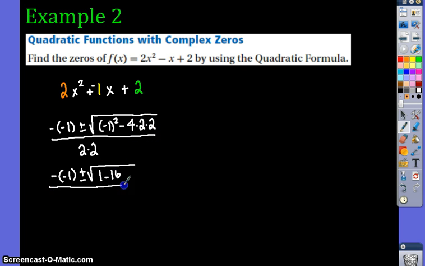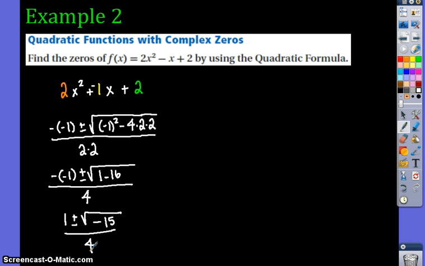All of this divided by, and it would be okay to go ahead and do the denominator, 2 times 2, which is 4. All right, so let's clean this up just a little bit more. We now have the opposite of negative 1, which is positive 1, plus or minus the square root of 1 minus 16, which would be a negative 15. All of that divided by 4.